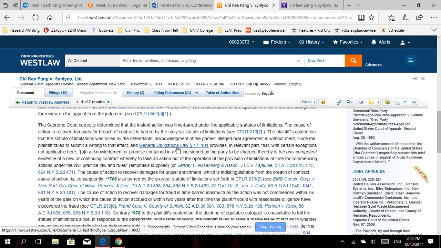General Obligations Law 17-101 provides in relevant part that, with certain exceptions not applicable here, an acknowledgement or promise containing a writing signed by the party to be charged thereby is the only competent evidence of a new or continuing contract whereby to take an action out of the operation of the provisions of limitations of time for commencing actions under the Civil Practice Law and Rules.